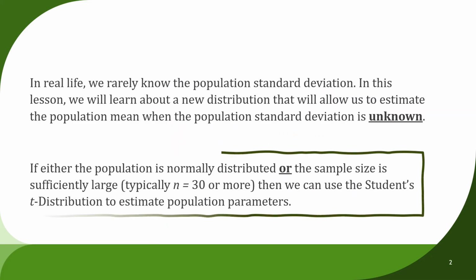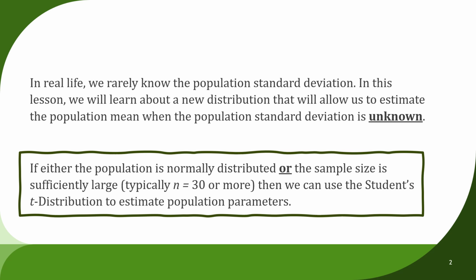All right, so in the last section, we did examples where we were finding confidence intervals for a set of data where we knew the population standard deviation, but in real life, this is pretty rare. We often do not know the population standard deviation.